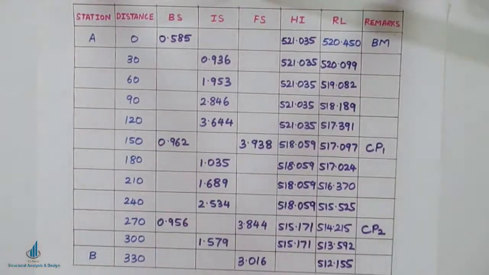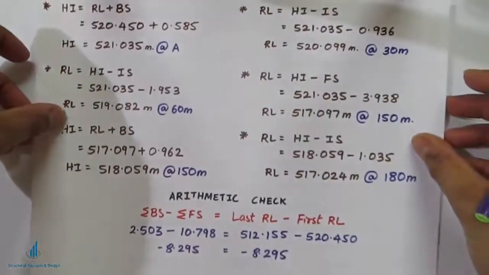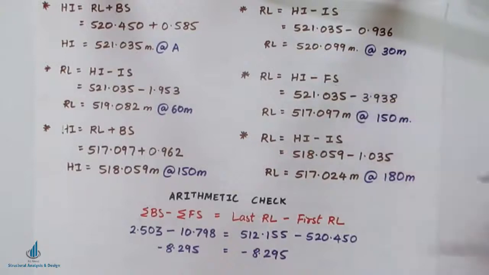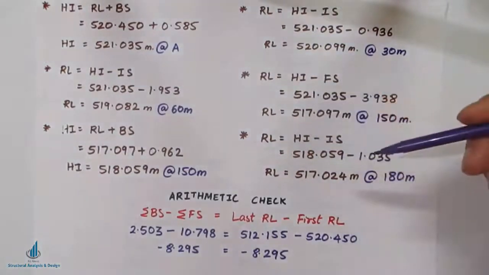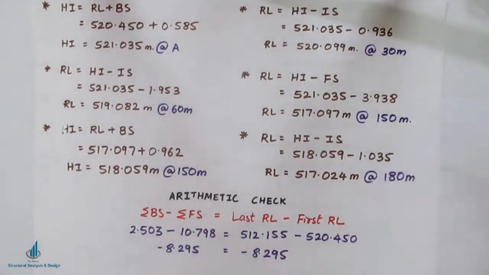So I have shown here some readings. If you are getting confused, you can go through these readings. Some 2-3 readings I have shown. You can just go through these readings, and also they have said to apply the checks. So this arithmetic check for this height of instrument method is sigma BS minus sigma FS, that is summation backside minus summation foresight, should be equal to last RL minus first RL.